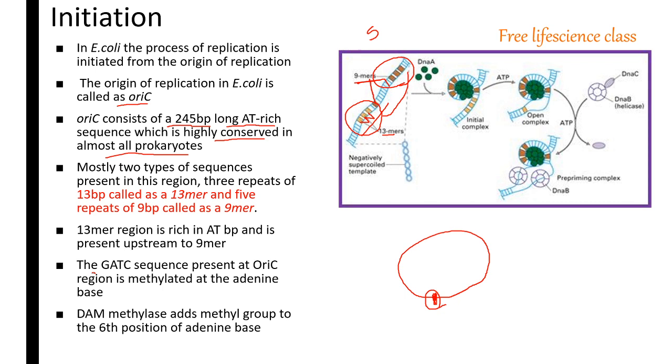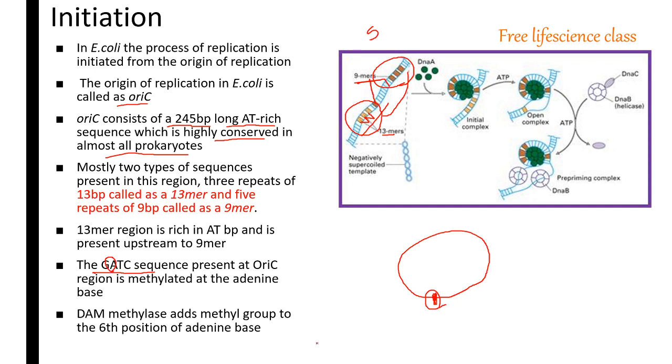A sequence called the GATC sequence is there at the ORIC region, and this sequence is very important. The adenine in that region is methylated to distinguish the parent strand from the newly synthesizing strand.